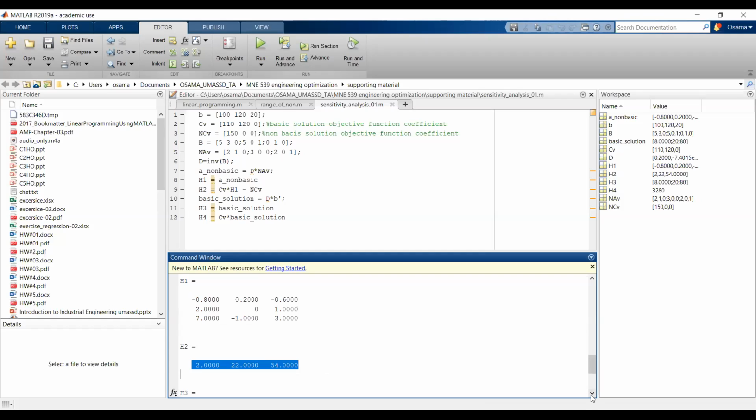Then H3, basically from the previous lecture. So this is the value for x1, this is the value for x2, and this is the value for S2. So then I update the matrix. Finally, here is my objective function. So this is Z. So let's see if my solution was logical or not.